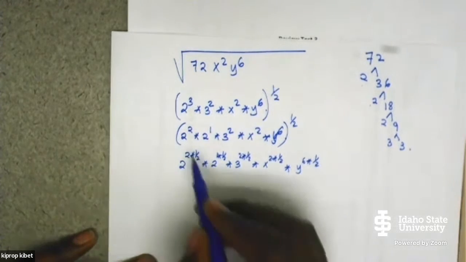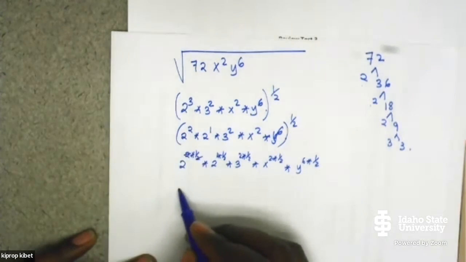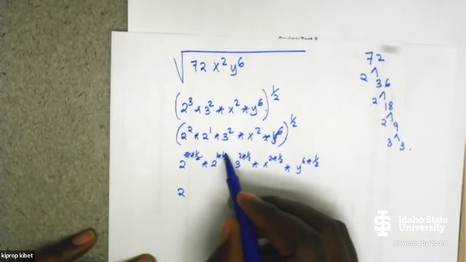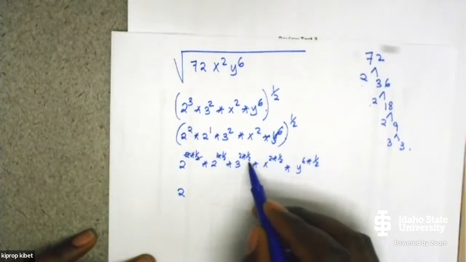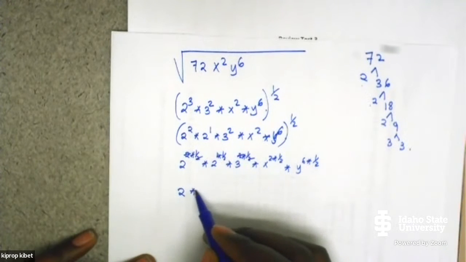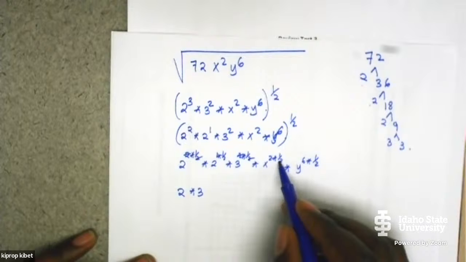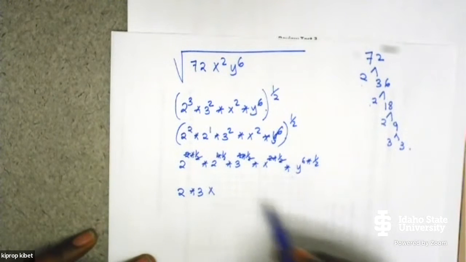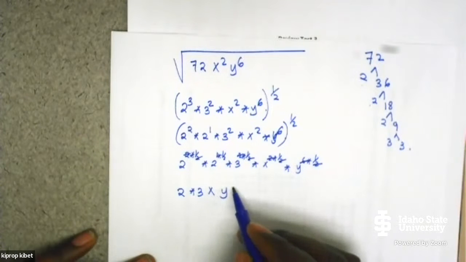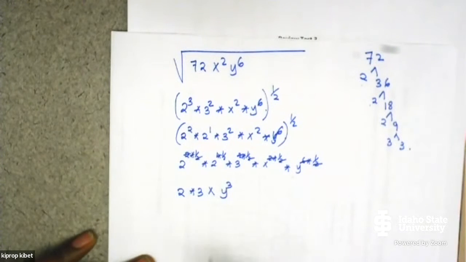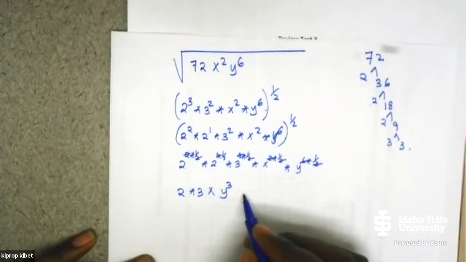When we cancel, the first gives 2, the 2 raised to 1 over 2 remains, the next gives 3, then x, and then y raised to 3.